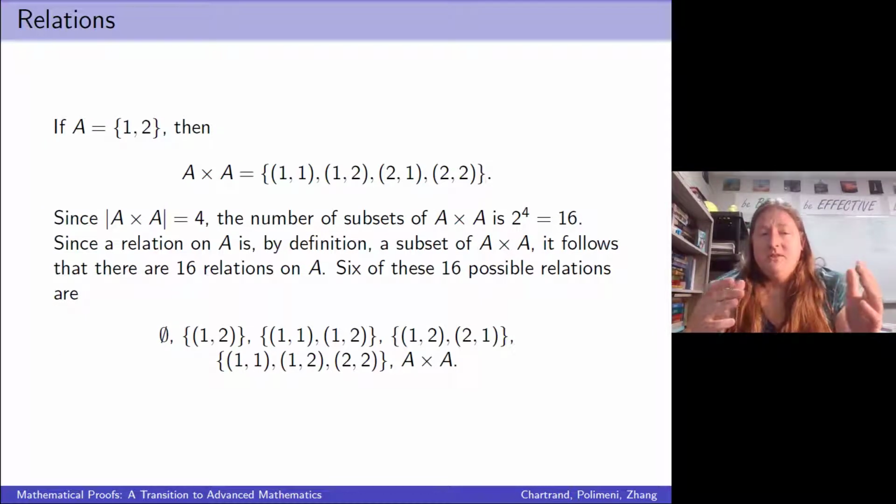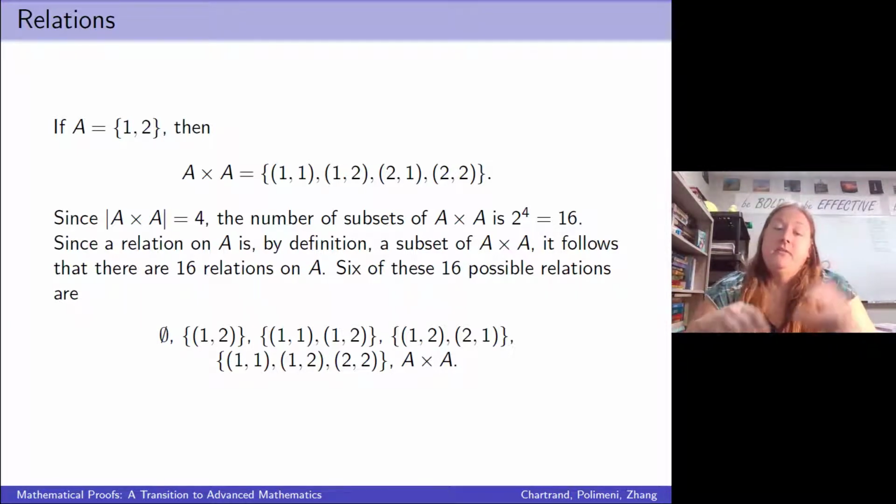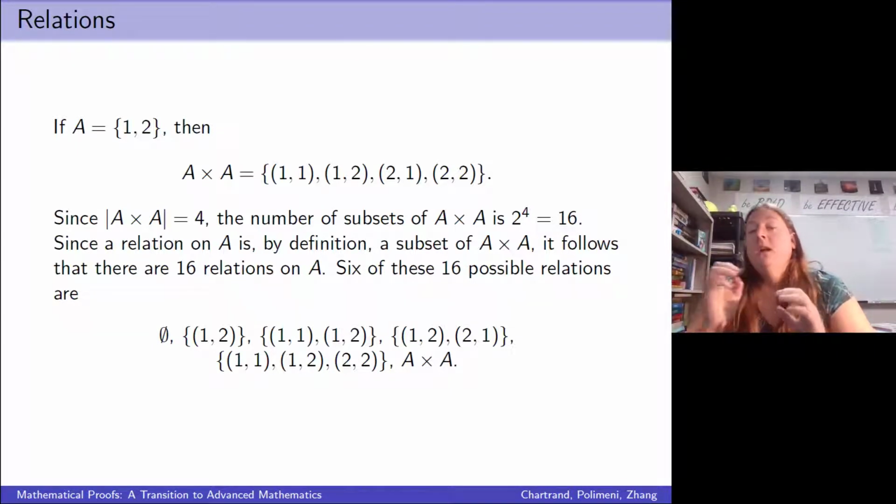So let's take a set A that has the elements 1 and 2 in it. Now if I look at the Cartesian product of A with itself, then that's the set that contains the ordered pairs (1,1), (1,2), (2,1), and (2,2). It has 4 elements in it. So we can count the number of subsets of the Cartesian product of A with itself and see that there are in fact 16 possible subsets, ranging anywhere from the empty set up to the entire set A cross A with all 4 elements involved.